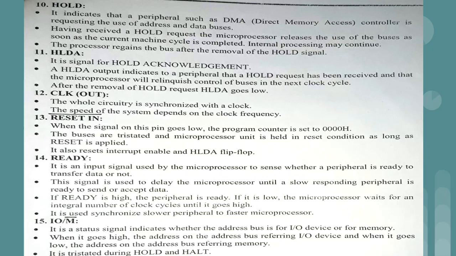It indicates that a peripheral such as DMA, the direct memory access controller, is requesting the use of address and data buses. As we have discussed, we are using AD0 to AD7 as a data bus as well as an address bus, and AD8 to AD15 as an address bus only.